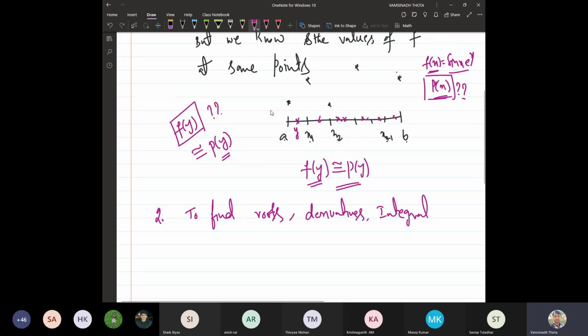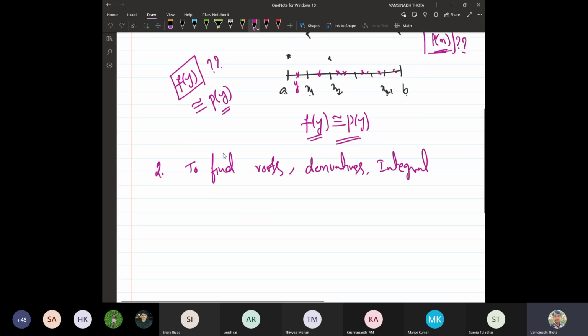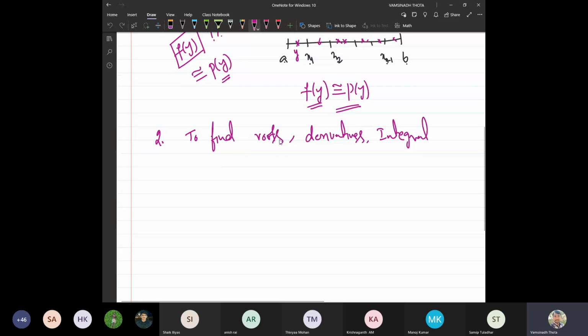What we have done previously, in the first use of this approximating polynomial, is basically to guess the function value at that point y. And the second use is to find the roots of the function, that is the solutions of the equation f of x equal to 0, or to find the derivatives of the function f, or the integration of f over the domain a to b.